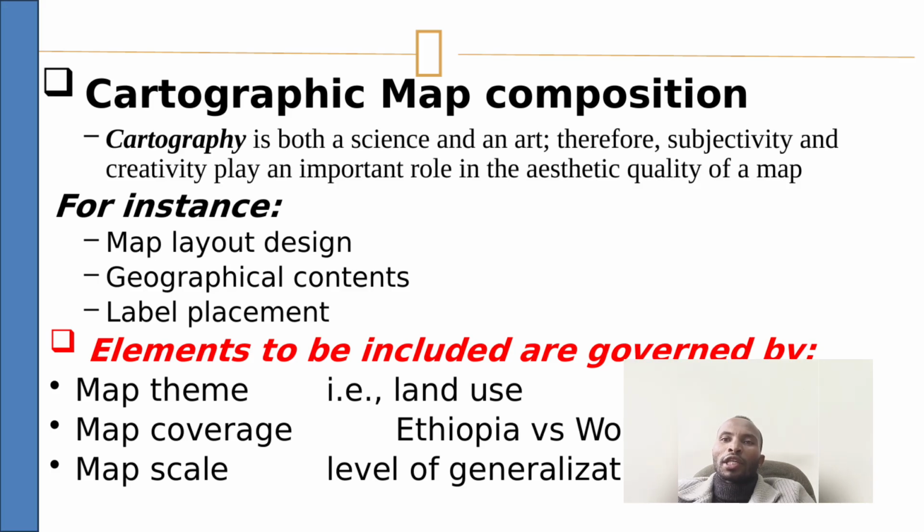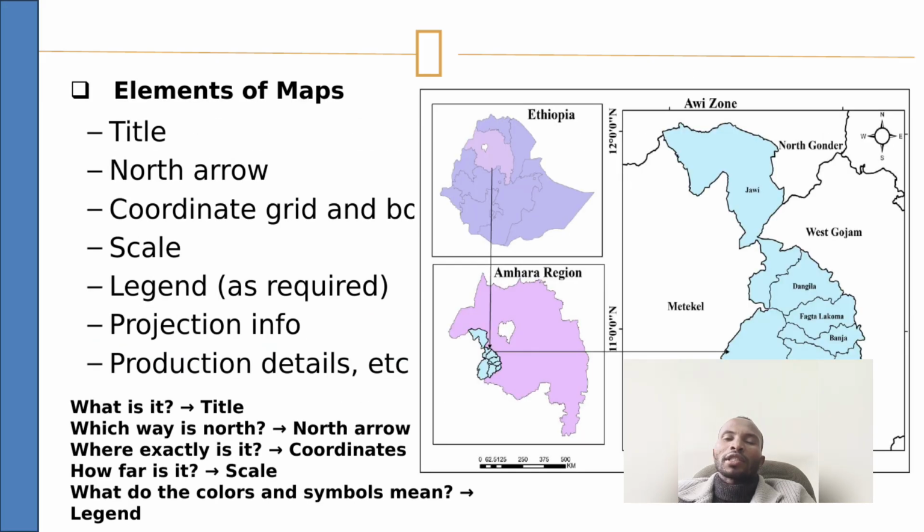For instance, in order to create the map layout, geographic content, and label placement, cartography is a science or an art. The elements to be included are governed by map themes, map coverage, and map scale, which are very crucial for map composition in order to understand what the map says.